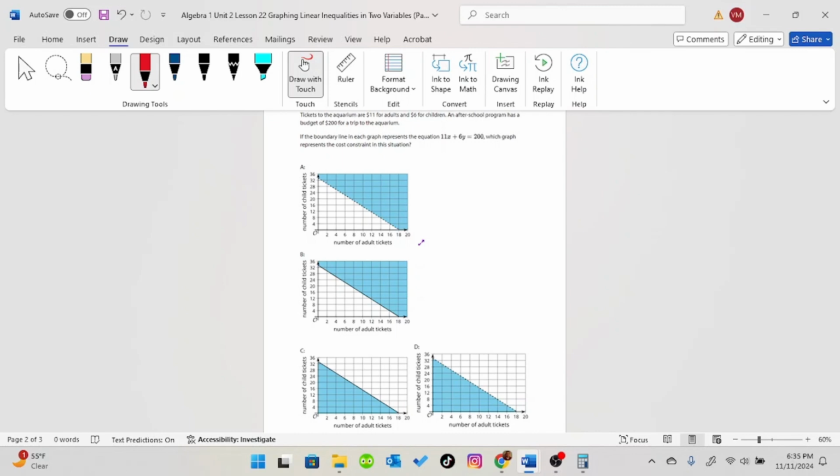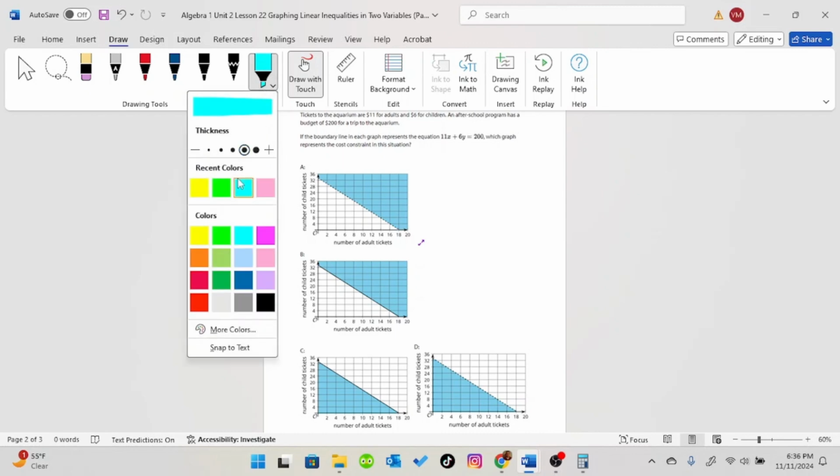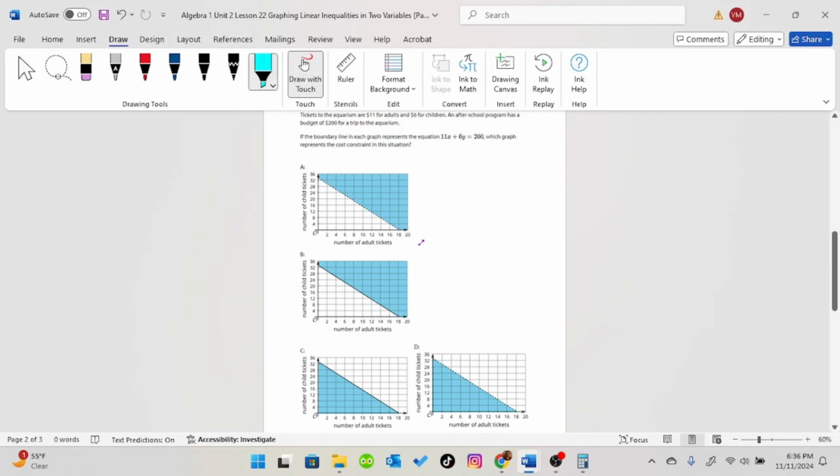So the key to understanding this one is this word right here, budget. Budget is the maximum amount you can spend. Anytime you see budget, it means less than or equal to.